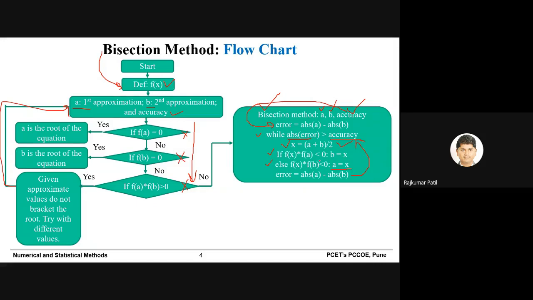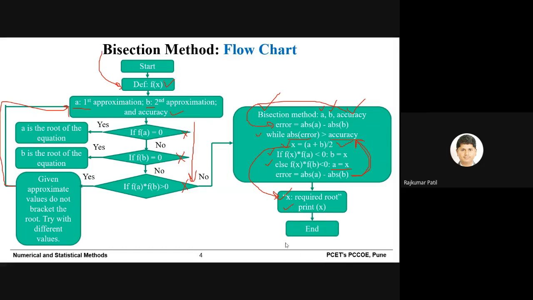And when this error is less than or equal to the accuracy, then the while loop is quit, and whatever final answer we have will be the root of the equation. So this particular value will be assigned here, and that will be the root of the equation. Then we will print that value, and that is the end of the program.